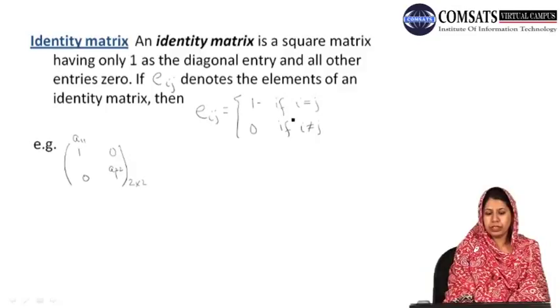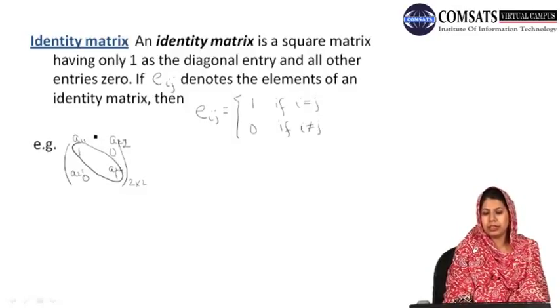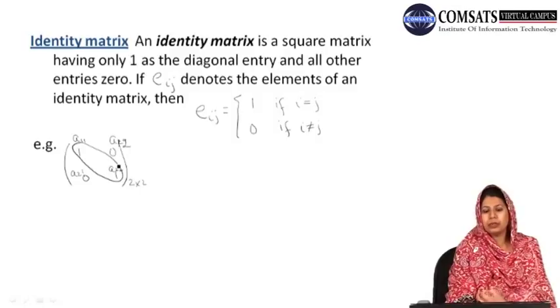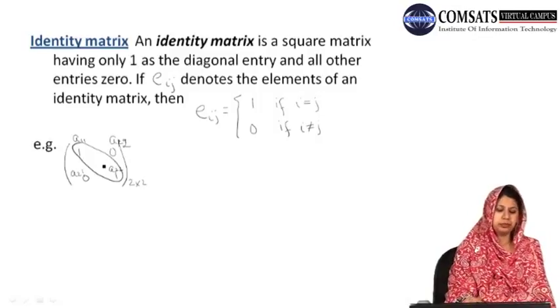Whenever i is different from j, that is the entries A12 and A21, these should be 0. So what we are saying is that an identity matrix is a square matrix having only 1 as the diagonal entry. These are our diagonal entries A11 and A22, and they should have only the value 1, and all other entries should have the value 0.